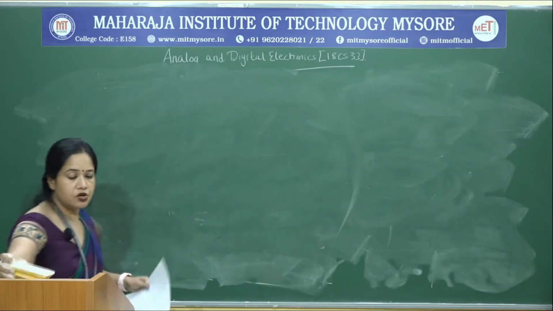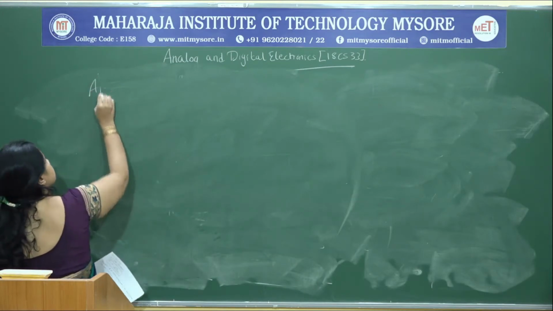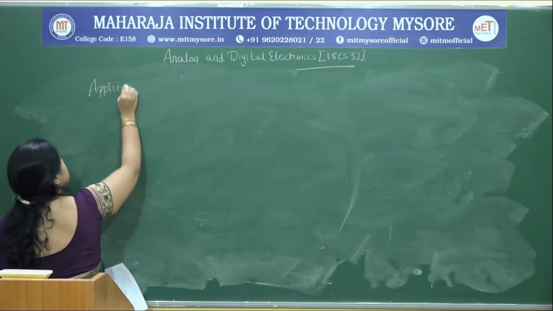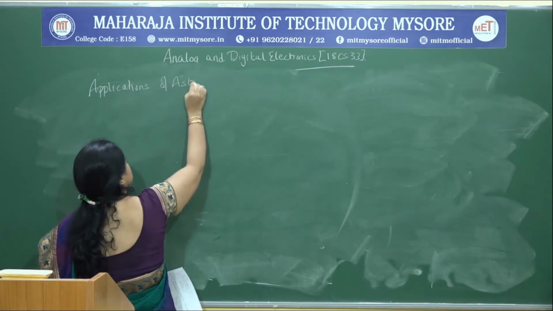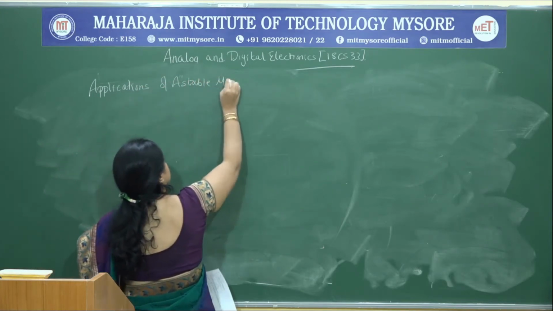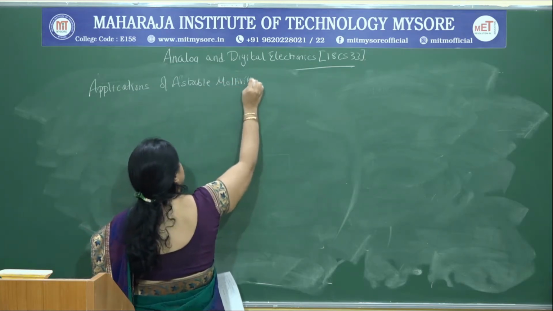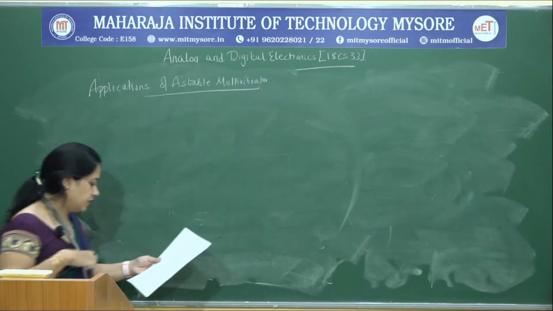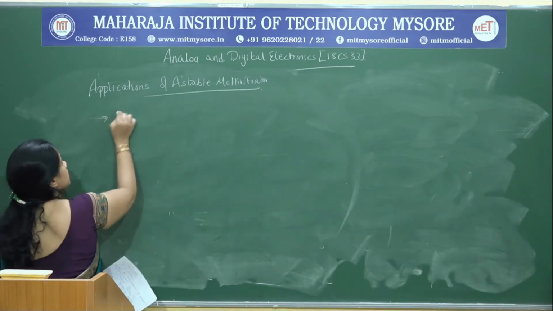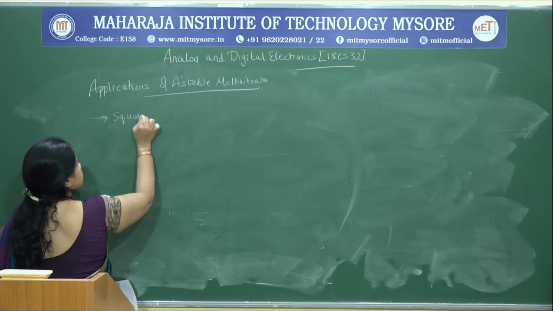So, the applications of astable multivibrator include a square wave generator.